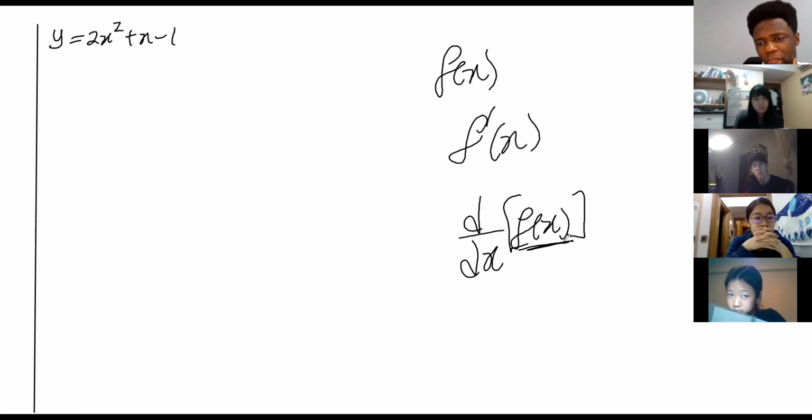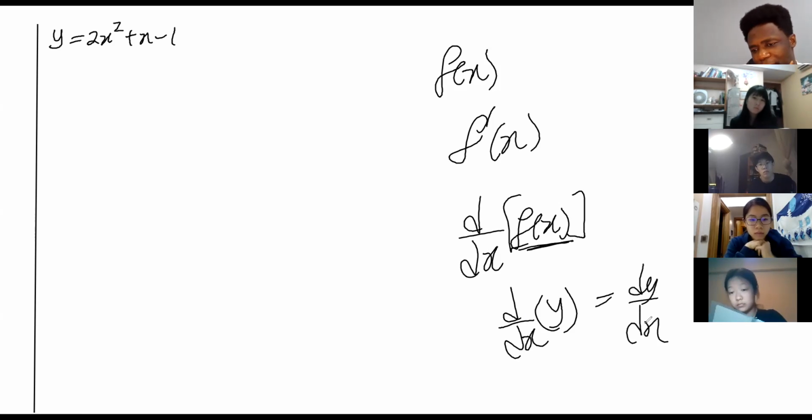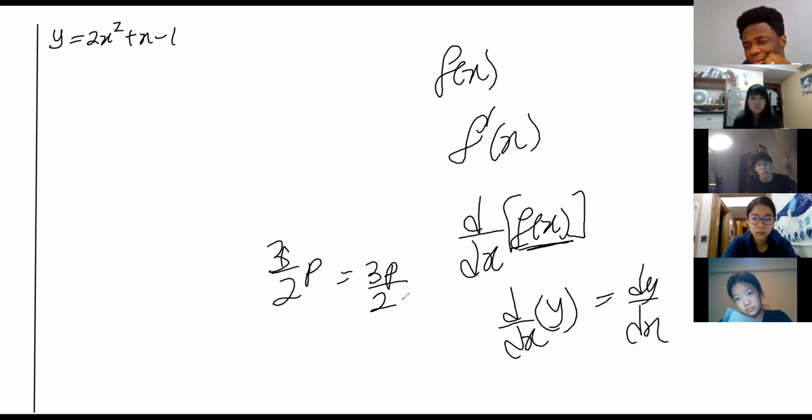Does that make sense? Just like the derivative with respect to x of y, that is what we now write as dy by dx. It's like a fraction, just like you saying half of p, or let's say 3/2 of p. Isn't that a way of saying 3p/2? So they are just symbols, okay?